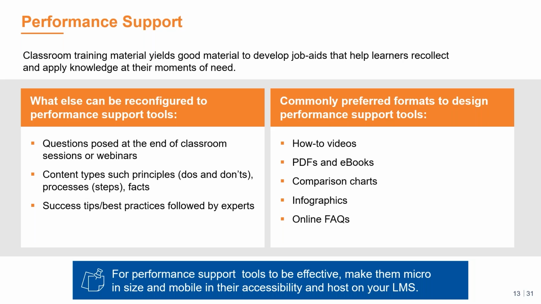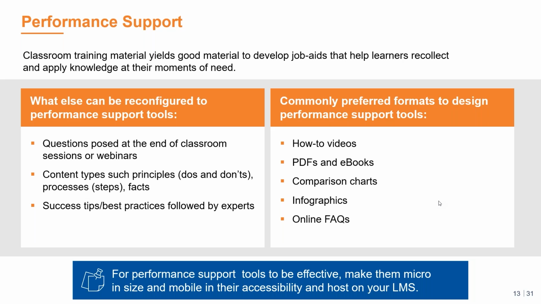Or maybe it's some specific content types, process diagrams, process flows, or best practices and tips which are followed by experts. These can all serve as good job aids. And as one of you mentioned earlier, how-to videos are a great way to make sure that there is the required performance support. You have PDFs, interactive PDFs, somebody mentioned ebooks, comparison charts, infographics, and so on.